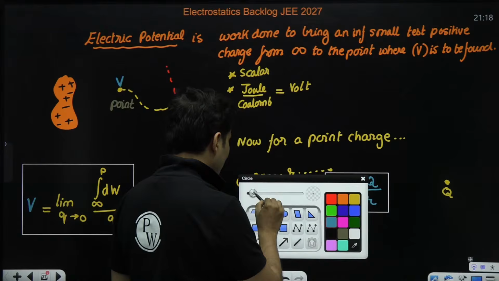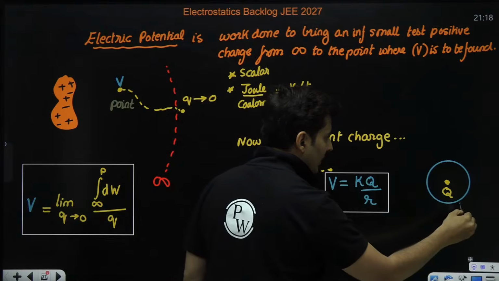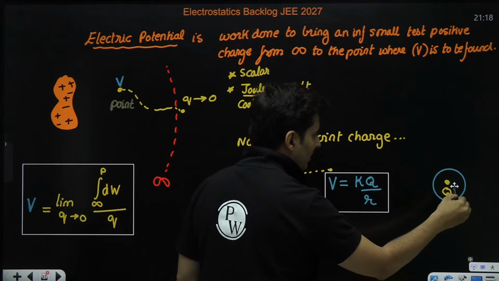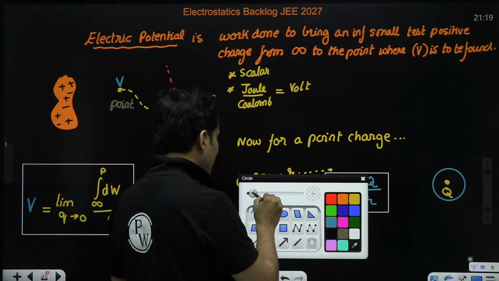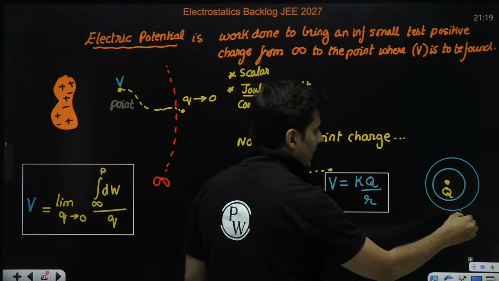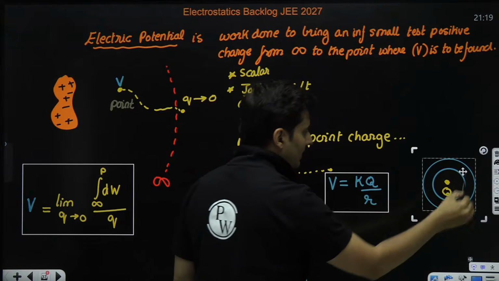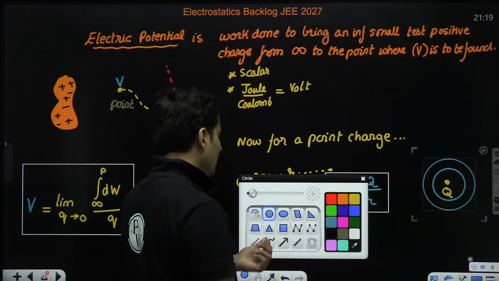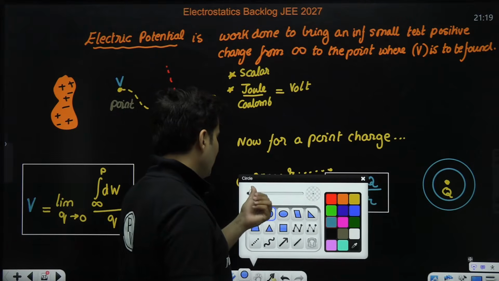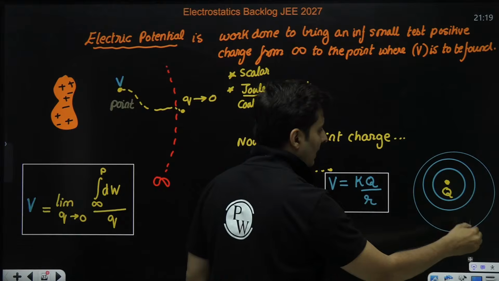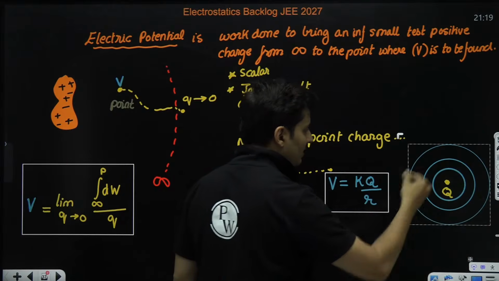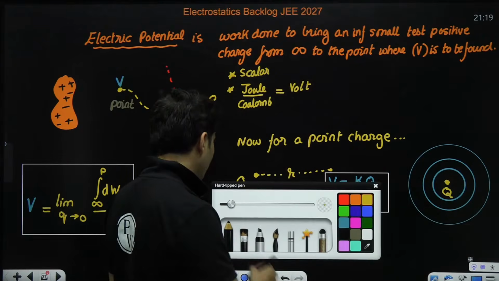So all these points have the same potential because they are at the same distance r from it. You change the distance a little bit, then all those points again on that circle will have the same potential. Then again you move away a little bit, you will find again there will be a set of points which will have the same potential in a circular form.